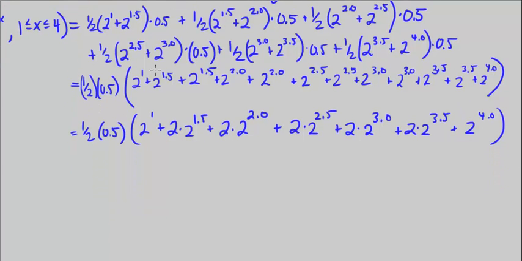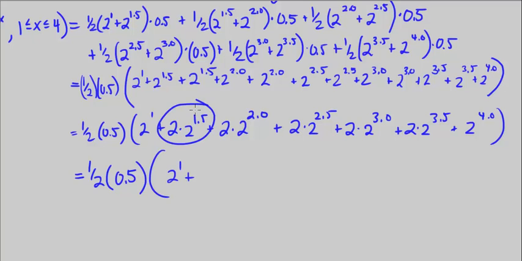Okay, and let's just simplify this even more. That's 1/2 times 0.5 on the outside. On the inside here, we have 2 to the 1 plus, we can combine this, right? Because this is 2 to the 1 with the same base, we just add the exponents. So that's 2 to the 2.5 plus, add the exponents. 1 plus 2 means 2 to the 3.0.